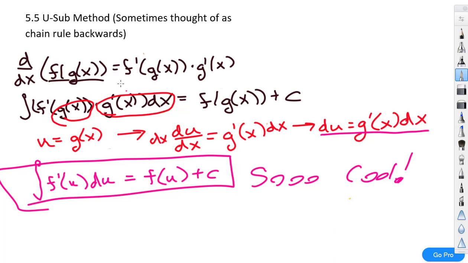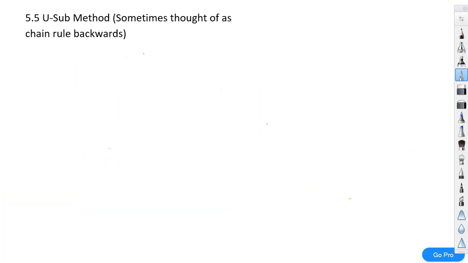So let's take a whack at this, and let's do an example that is a little obvious to us, where if you gave us enough time we could probably figure it out. Let's do the antiderivative of cosine of x to the fifth times 5x to the fourth dx.